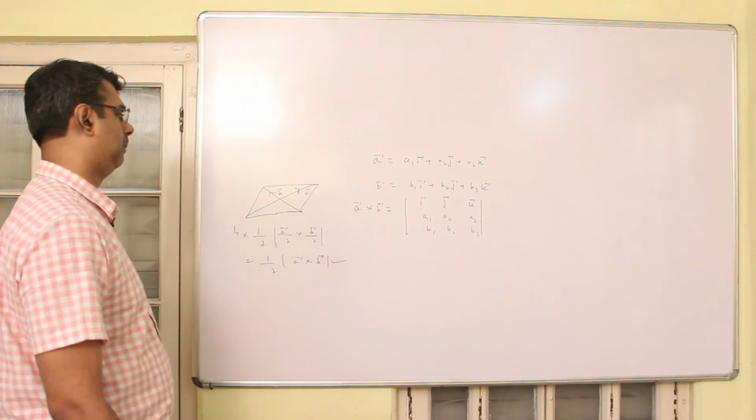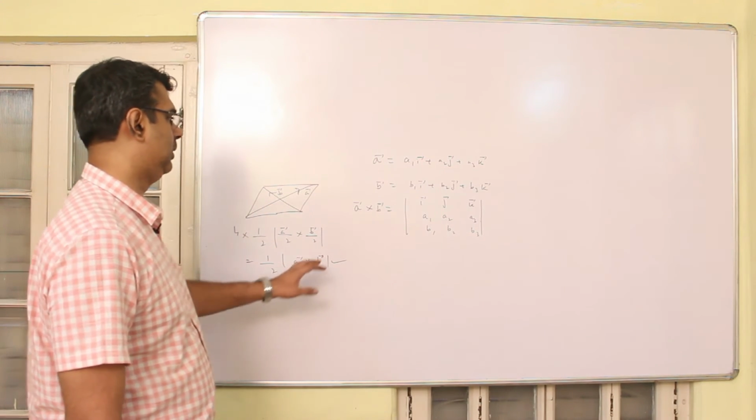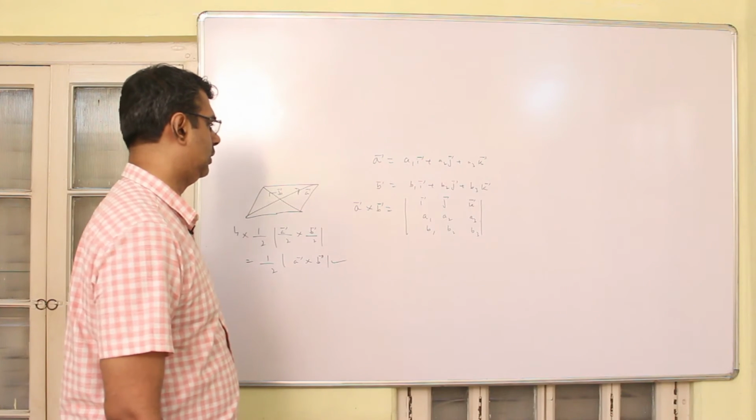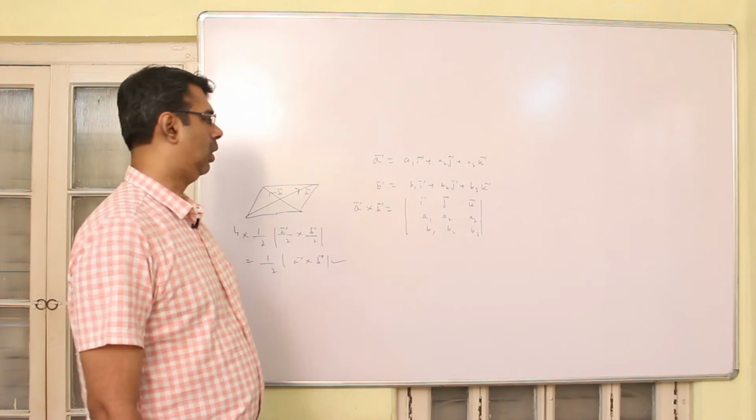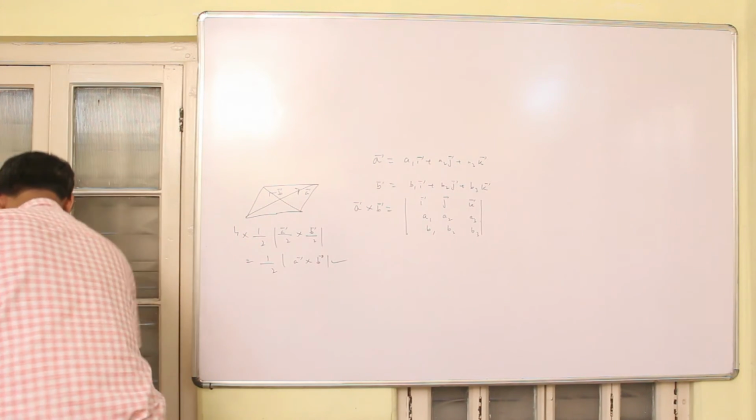So this is the best way to calculate the cross product of two vectors if they are given in the orthogonal triad form.